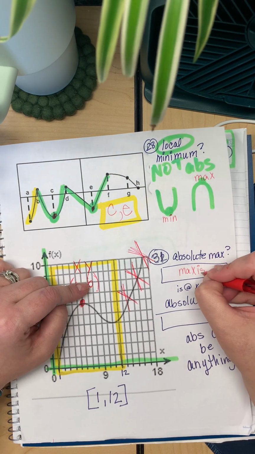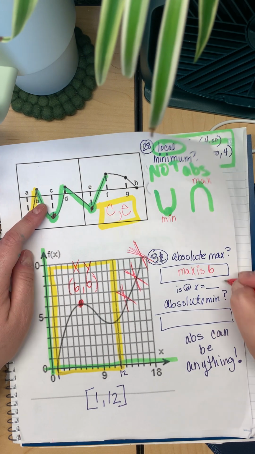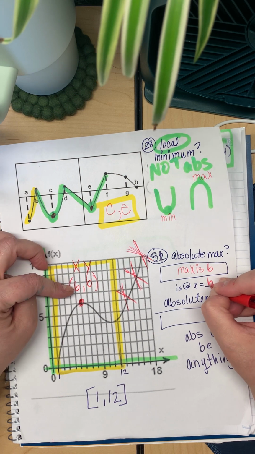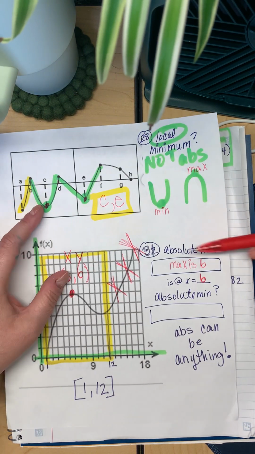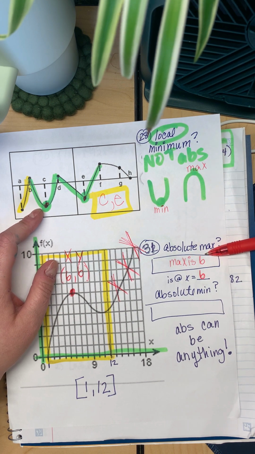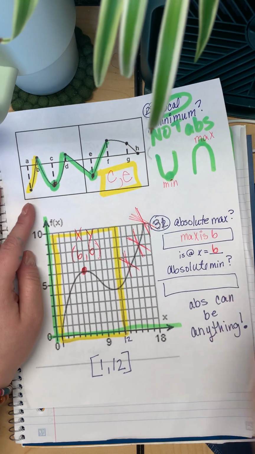So the max is the Y value 6 when X equals the X value 6. This one was kind of tricky. So you're going to choose the answer choice that says the maximum is 6 at X equals 6.